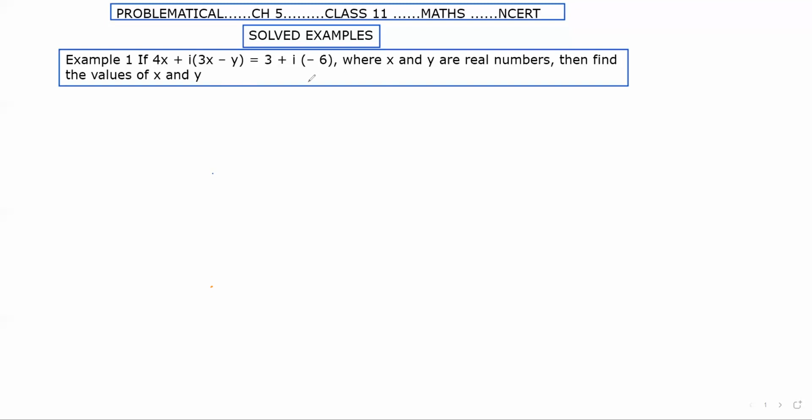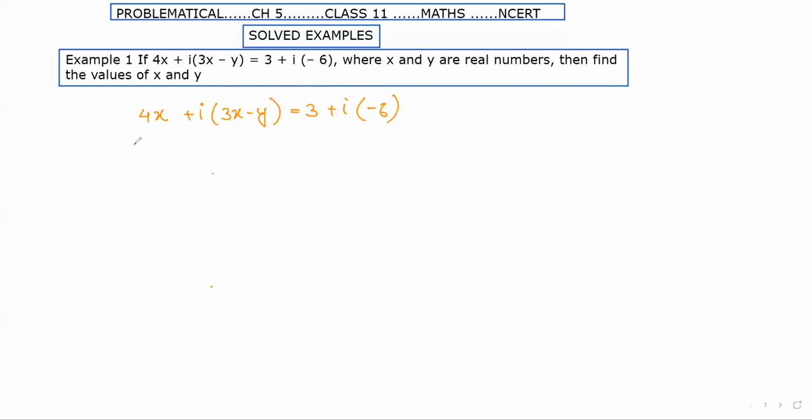Now, your left hand side and right hand side are both complex numbers. They are represented as 4x, the real part, plus i times the imaginary part, is equal to 3 plus i into minus 6.